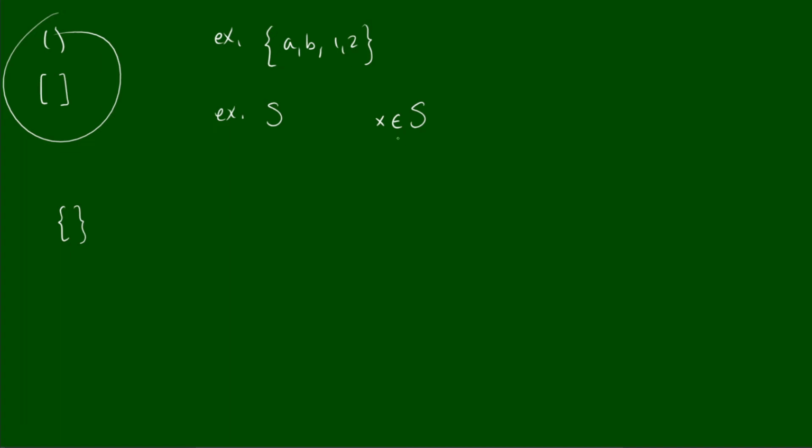This symbol comes from the word element. X is an element of S, that means X is inside that set. But if you have a number that's not in that set, let's say Y, Y is not in S, then you would use the same symbol, but you would cross it out. So Y is not an element of S.